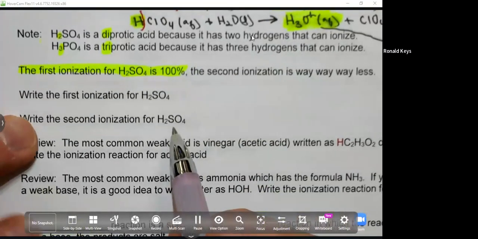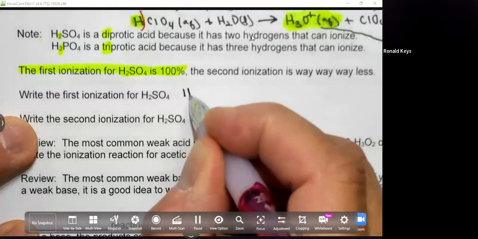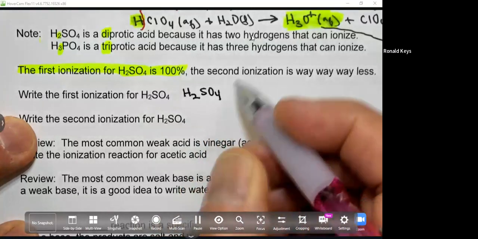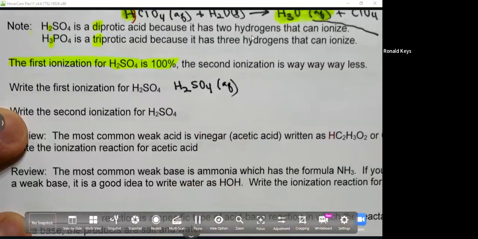The first ionization is 100%. So right here, we'd have H2SO4 aqueous.